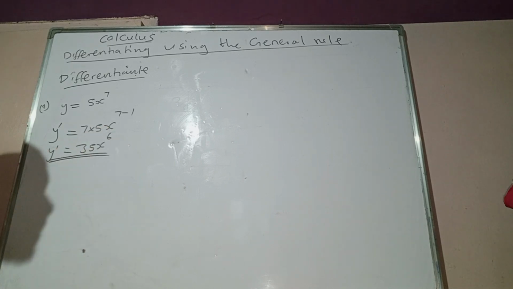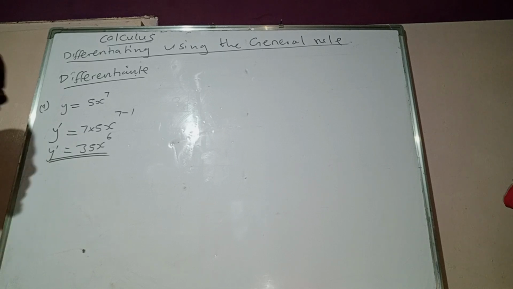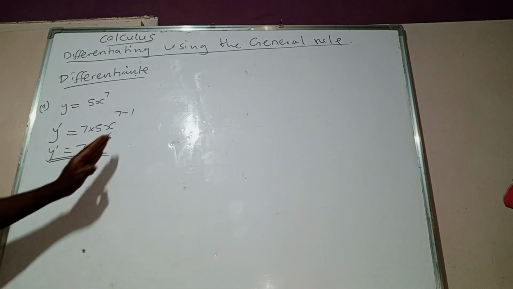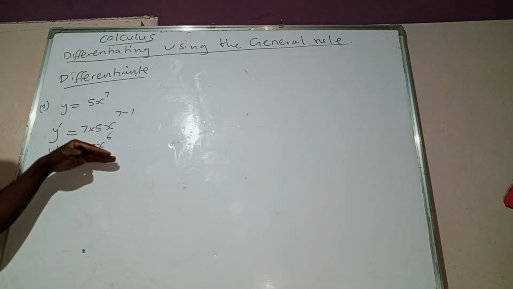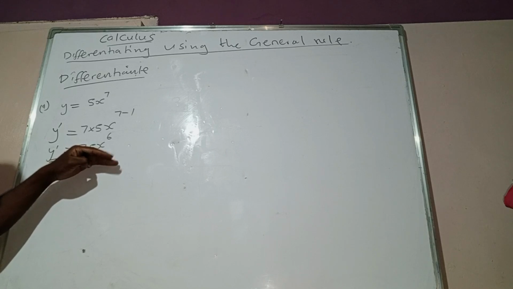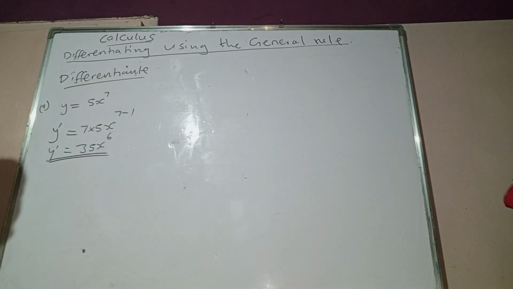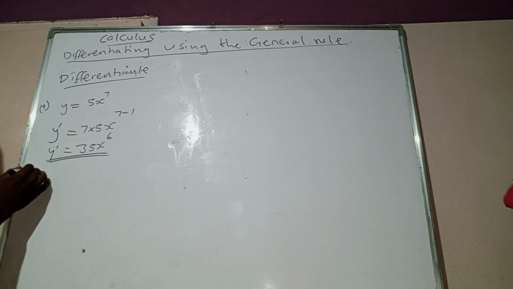So this is our answer. It looks simple, rather than using the first principle. The first principle becomes tough when we are dealing with this one, but when we deal with the general rule, this becomes very, very simple and straightforward. Let's look at the second one.